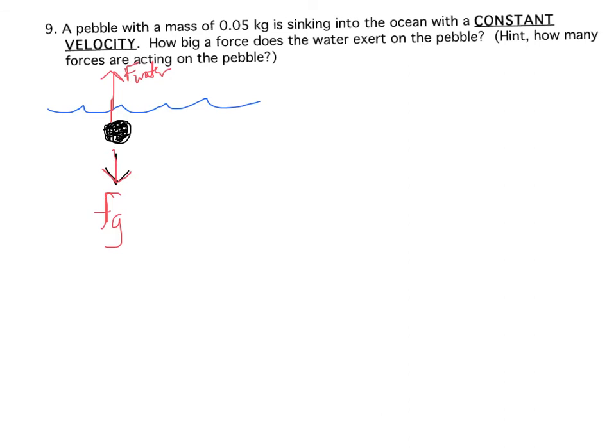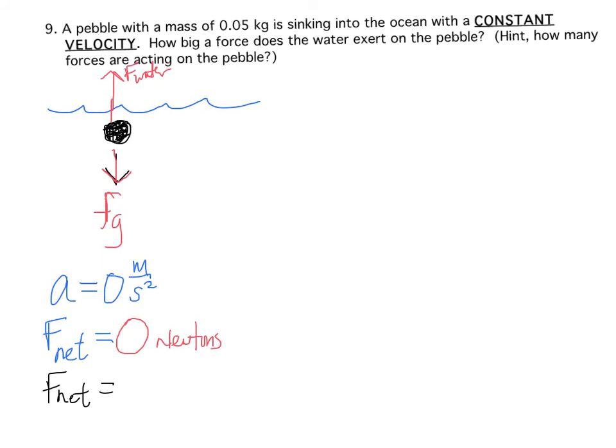And so what we know for sure is that it has a constant velocity. And if something has a constant velocity, that means its acceleration is 0. And what else does that mean about net force? If the acceleration of the object is 0, that means the net force on the object is also 0. It doesn't mean there aren't any forces. It means the net force is 0.